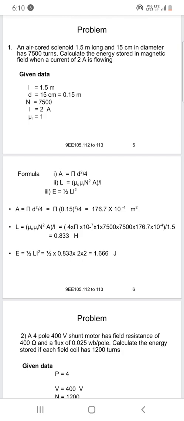The solenoid length is 1.5 meter, and the diameter is 15 centimeter. The given data: length of the solenoid L equals 1.5 meter.